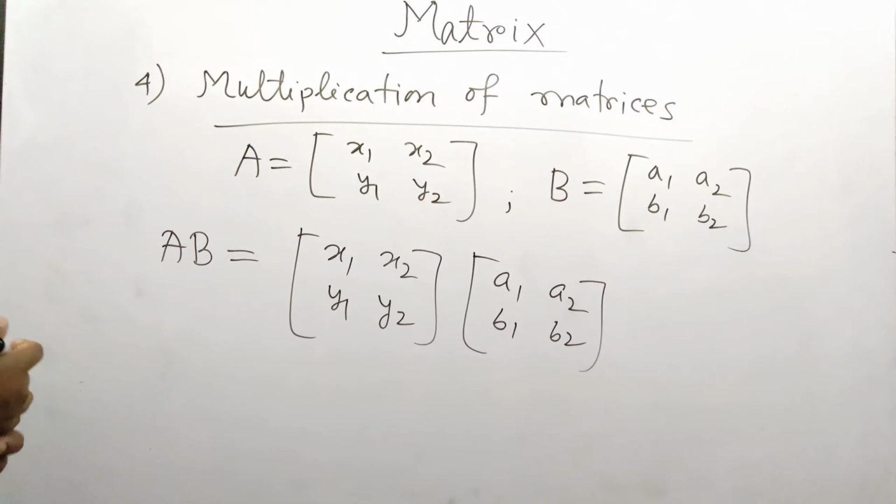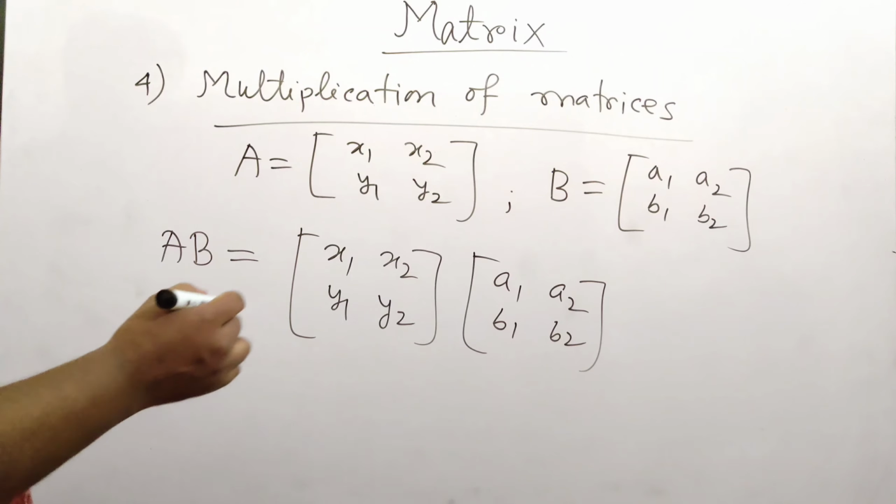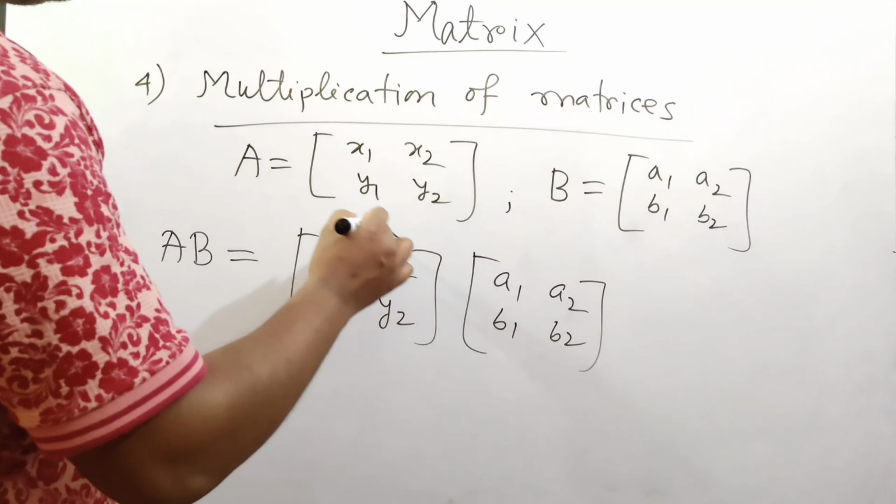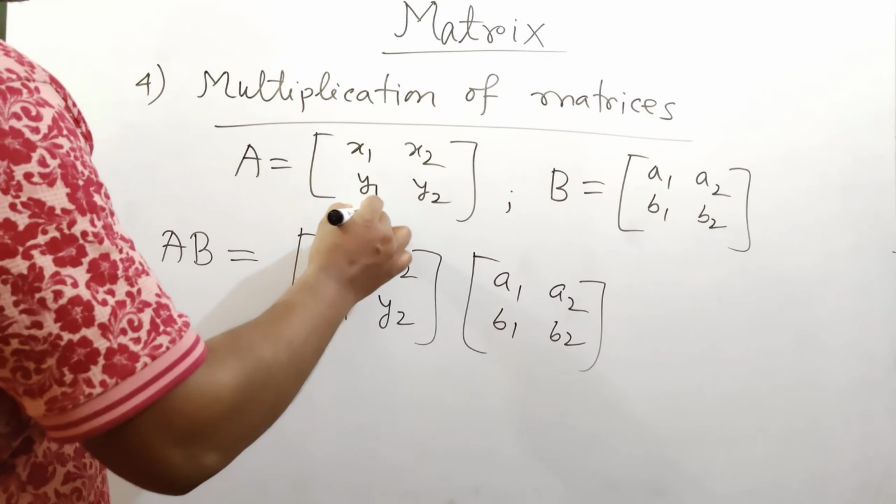How can we do the multiplication? Look carefully. This is the row and this is the column, that is C for column.